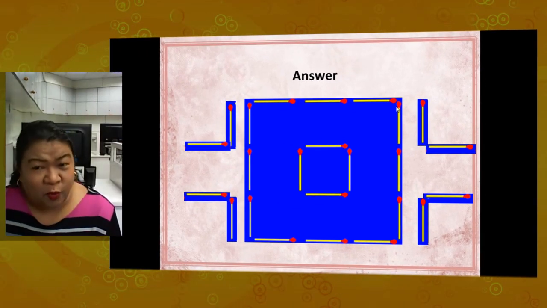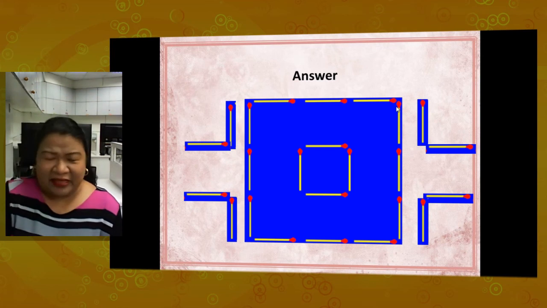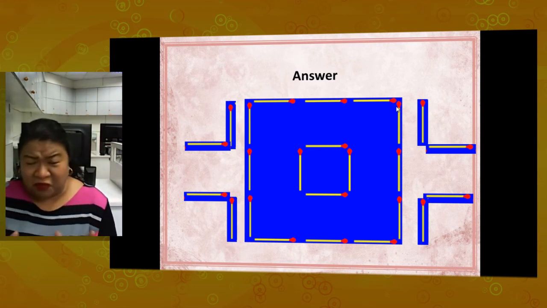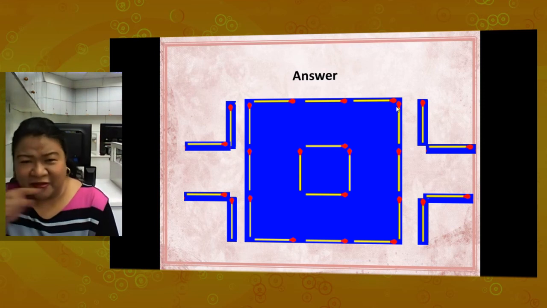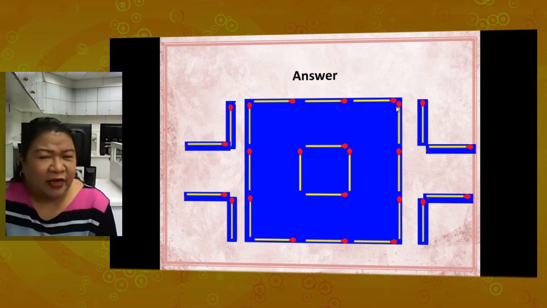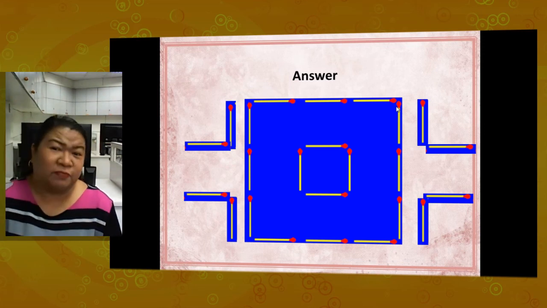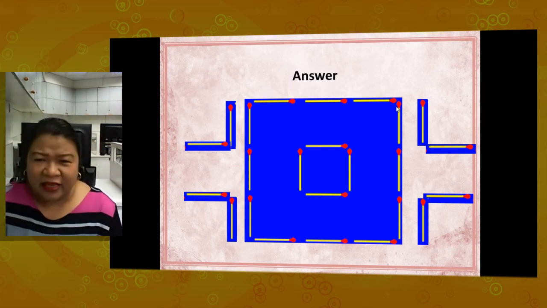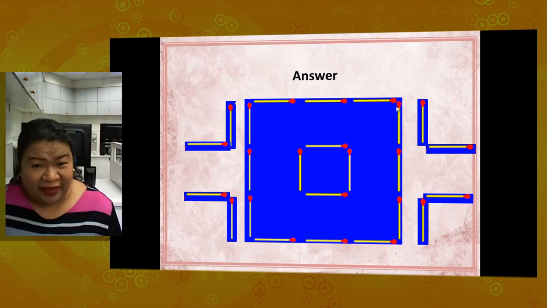One big and one small square. Did you think of it that way? That it will be another way of looking at the squares? Not the 9 small ones. We did not say that the 2 squares remaining should be of the same size. So that is really applying flexibility in our thinking.